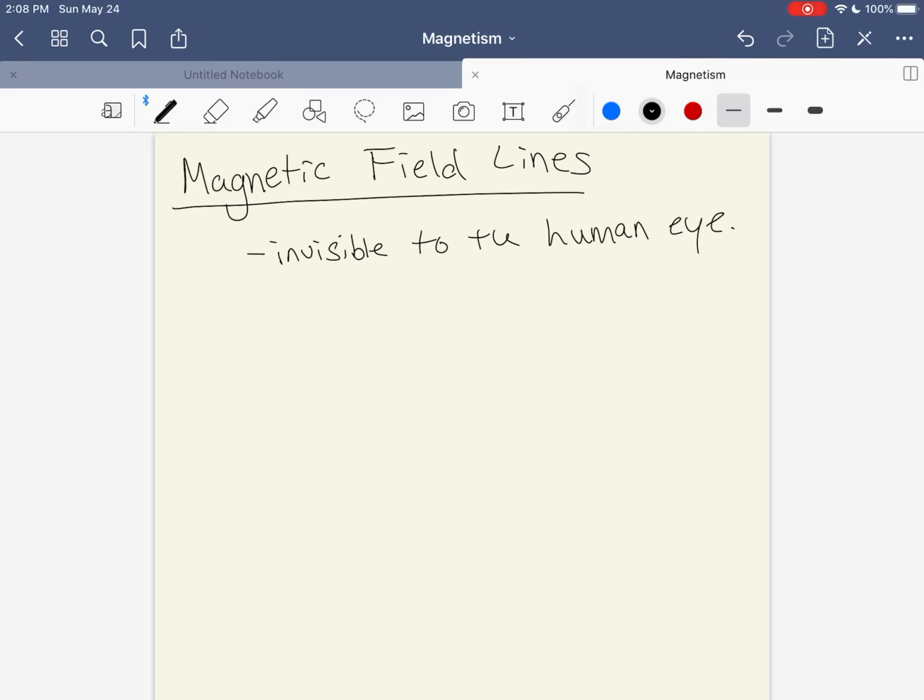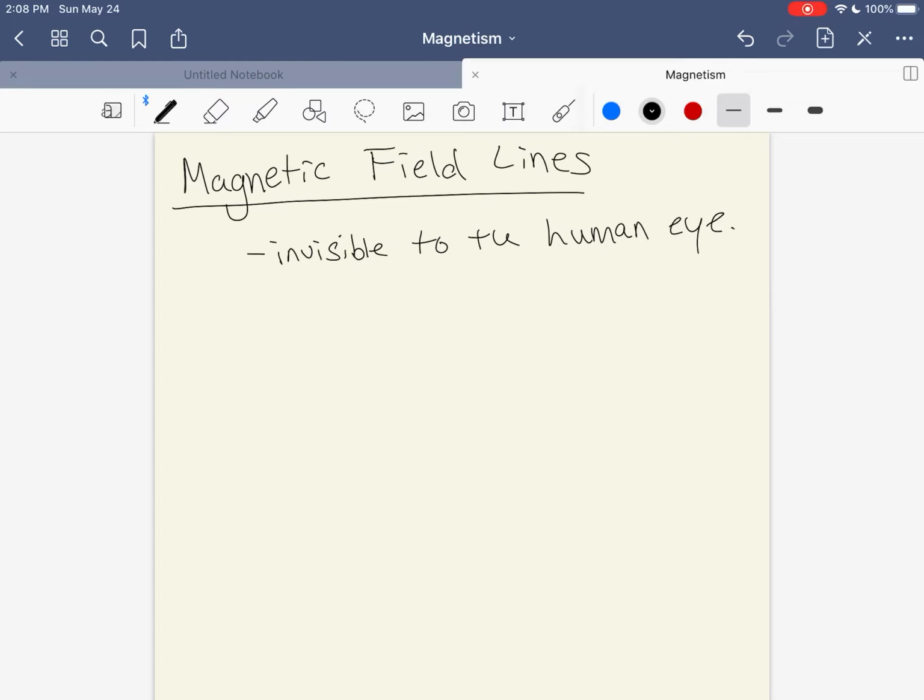Think of it almost like a force field. If you think about a sci-fi movie, it's not exactly the same as that, but you can start to think about it like that. It's something that extends beyond the physical magnet itself, beyond the physical bar, and exists in the space around it.